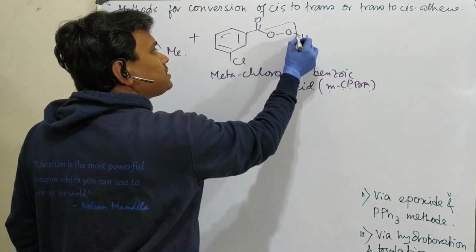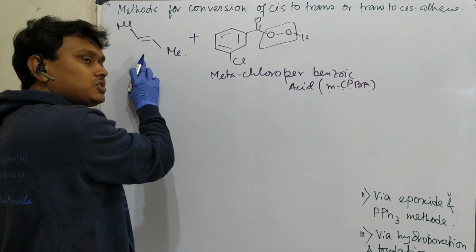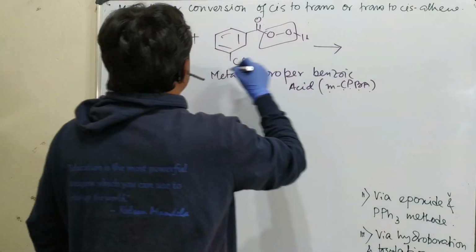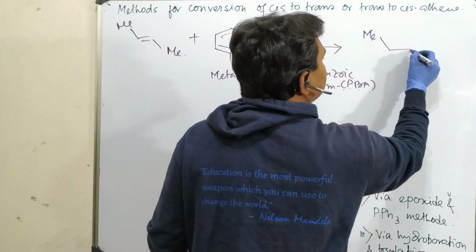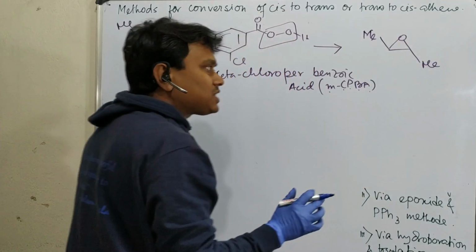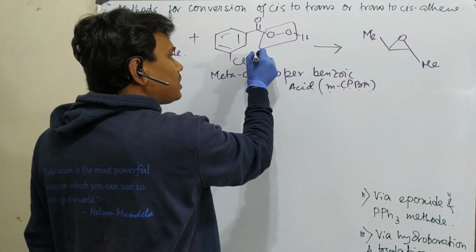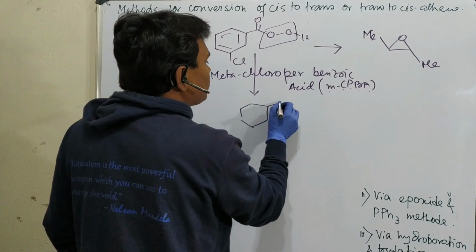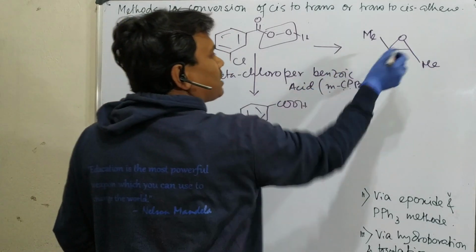Why perbenzoic acid? Because there is a peroxyl linkage, and this part is responsible for the oxidation of the double bond, meaning the epoxidation. So this results in epoxide formation. This is methyl, and an epoxide means a ring, so it should be on the same side. Another thing: the MCPBA results in metachlorobenzoic acid. This peroxyl linkage is gone because oxidation happened here.